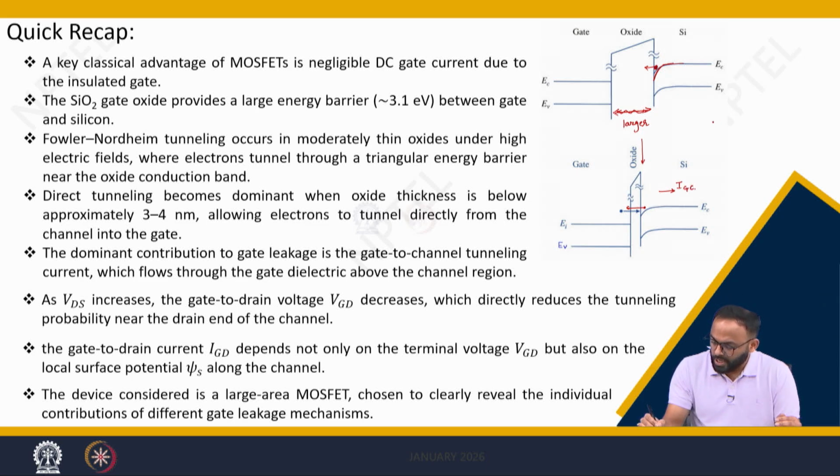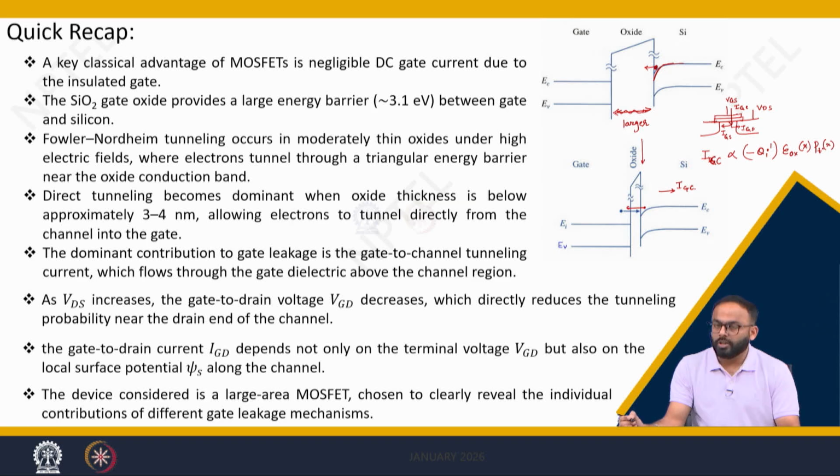We have discussed this component in terms of MOSFETs based on the terminal voltages like VDS and VGS. If you apply a significant amount of VGS, then there is a significant amount of gate to channel current, which constitutes two parts: IGS and IGC. This current IGC depends upon the amount of charge present in the inversion layer, the electric field in the x direction, and the probability of tunneling.